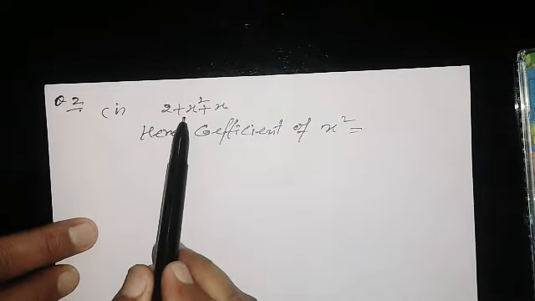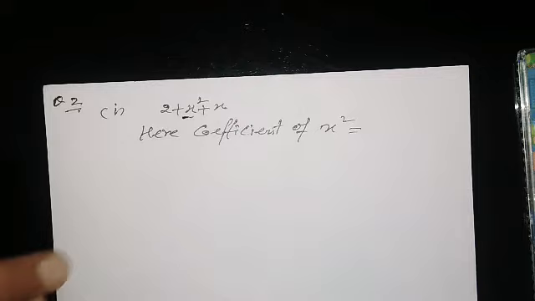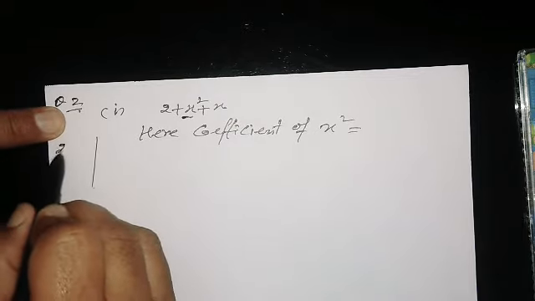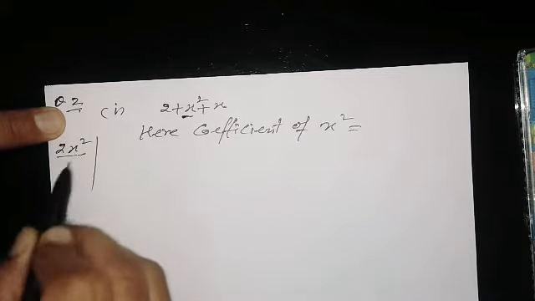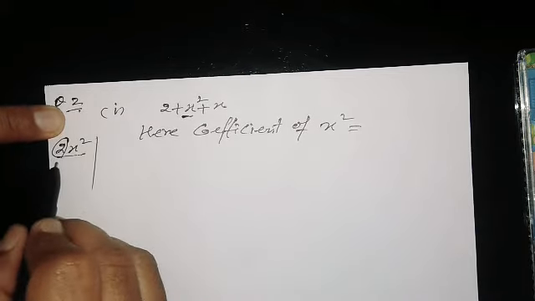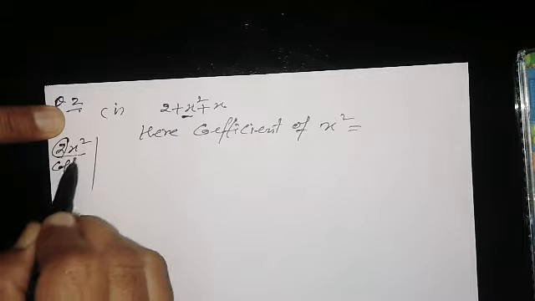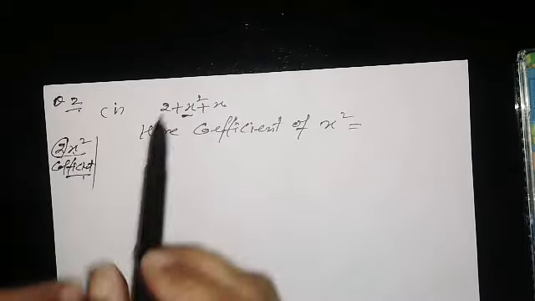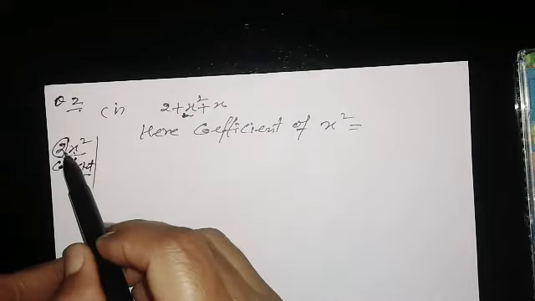As we see here, it has no multiplier, and for any term, as I have told, this is the coefficient and this is the variable, but here it has no multiplier like this.